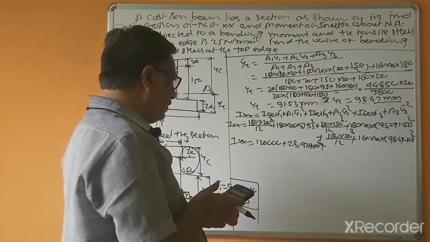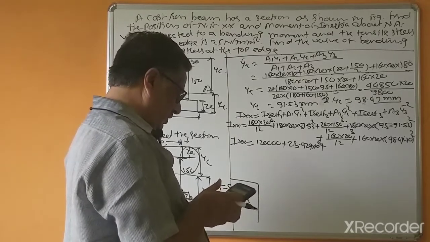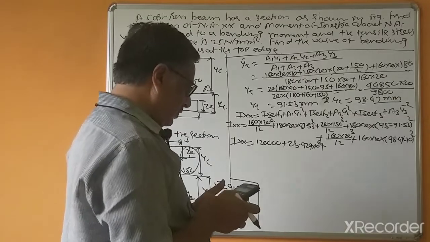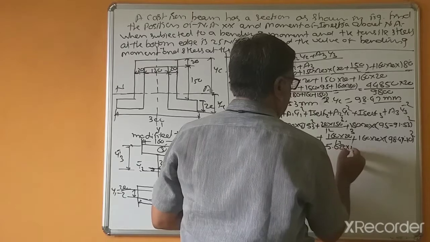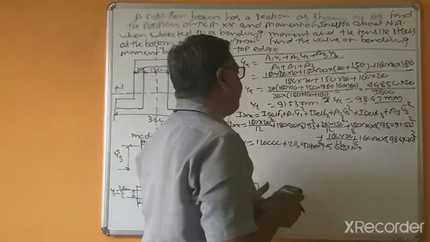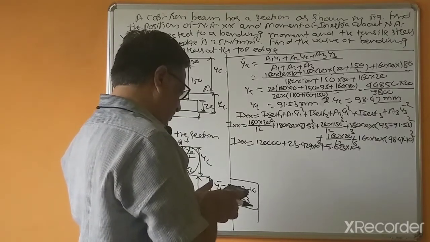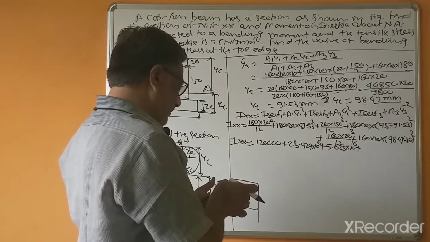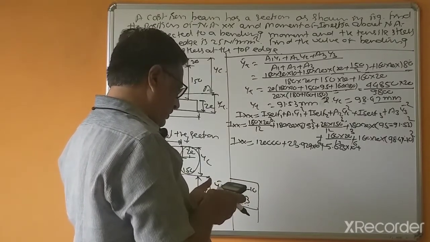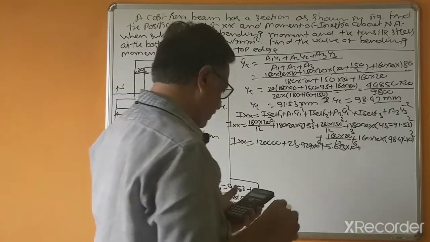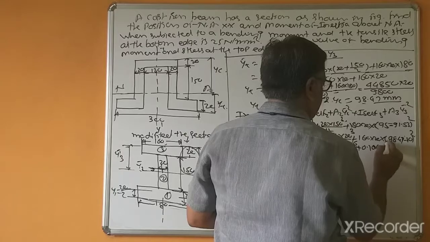20 into 150 cube divided by 12, 5.625 into 10 to the power 6. 160 into 20 cube divided by 12, 0.106 into 10 to the power 6.